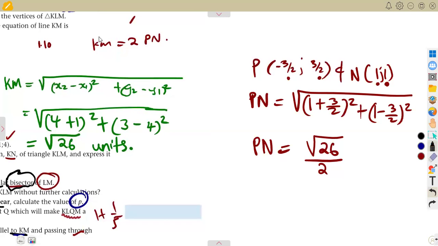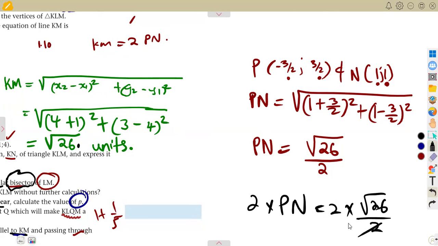So let's check the relationship. This is KM, which is the square root of 26, and this is PN. If you multiply 2 times PN, that is 2 times the square root of 26 over 2, the 2s cancel and you get the square root of 26, which represents KM.